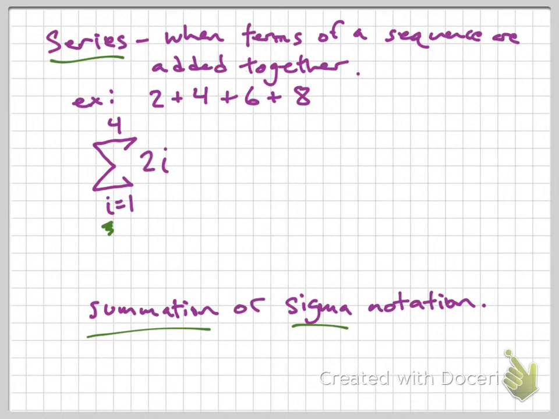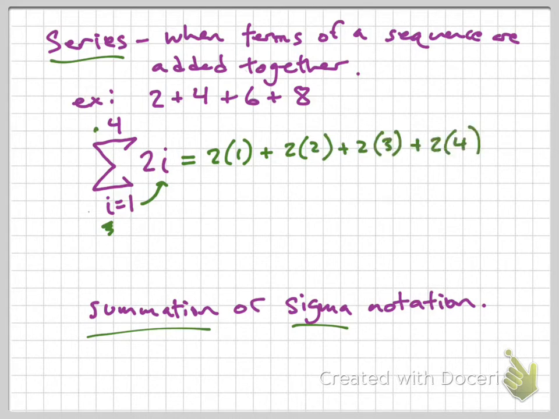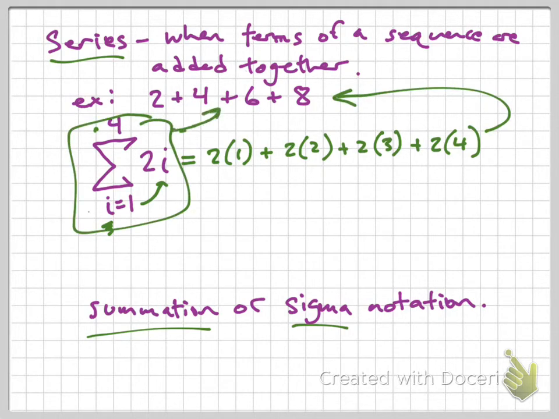What you're basically doing is plugging in these values. So what this would equal is 1 goes in, that's my lower limit, so it'll be 2 times 1. And then I'm going to do every integer up till 4, so it'll be 2 times 2 plus 2 times 3, and then the upper limit is 4, so that'll be my last one. And as you can see, this is exactly what was here. So this is actually a shorthand way of writing this.